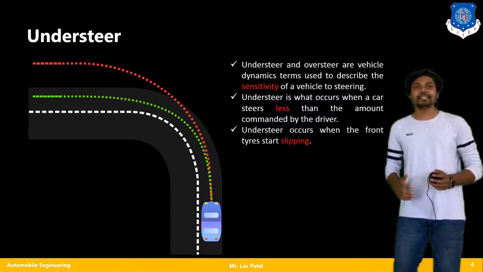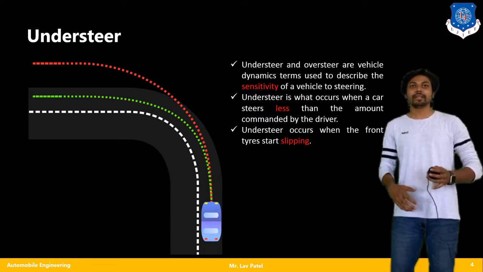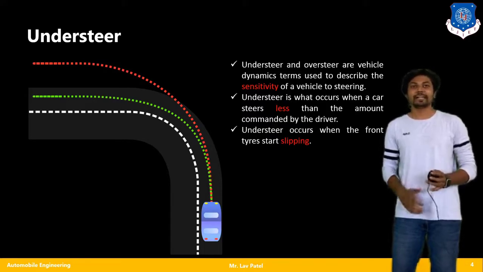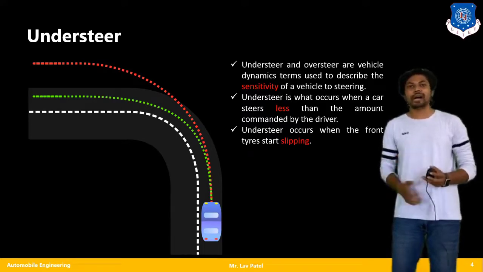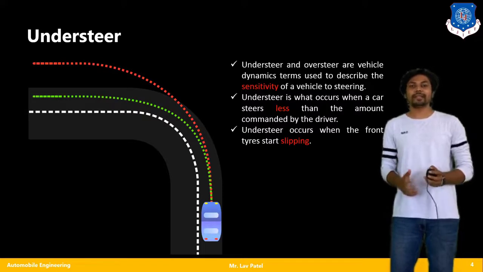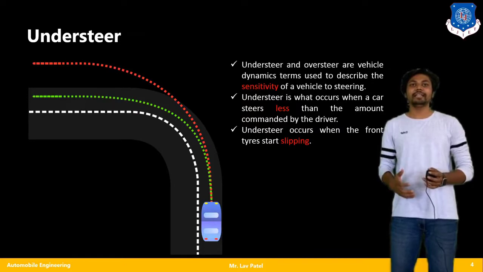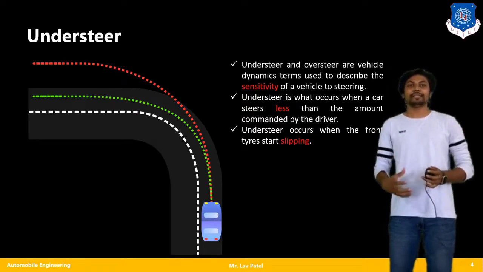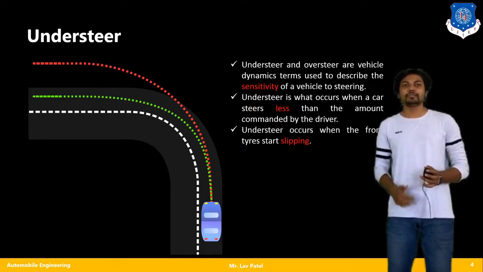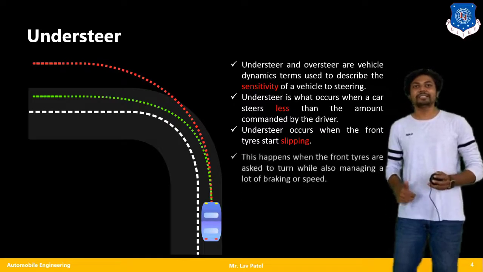Understeer occurs when the front tires start slipping. So how do we know that the front tires are going to slip? There are several reasons why the front tires slip at that particular point. The main and primary reason is speed.